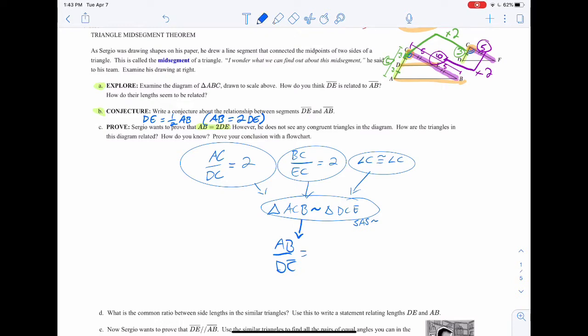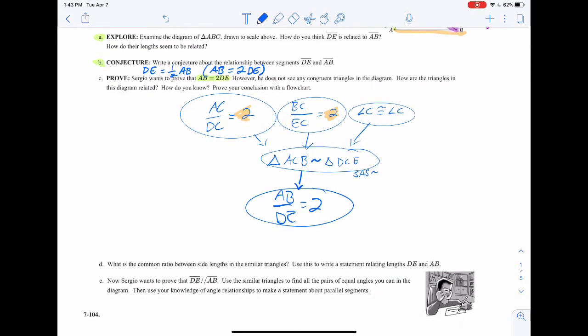Well, they must have the same ratio as the other corresponding sides if the triangles are similar. So AB over DE must equal 2. And that was a weird shape to create. I'll just leave it like that.